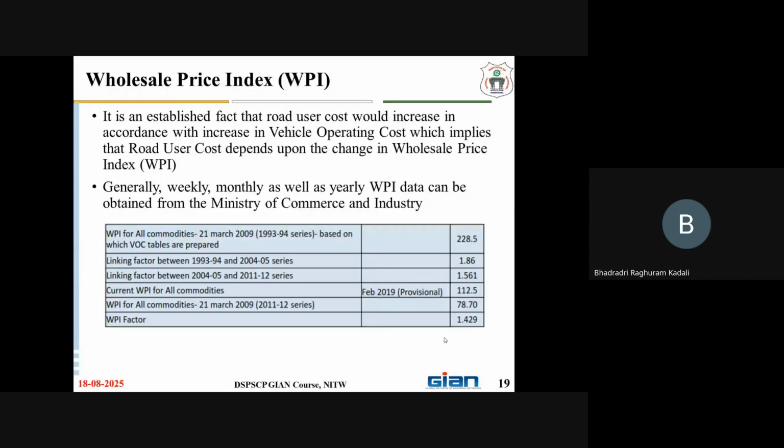Of course, out of all the goods, agricultural and manufacturing are the highest contributors, but put together, what is the total supply as well as demand in terms of vehicles transporting goods from one place to another, and how the vehicle operating cost will change, specifically when I'm talking about goods vehicles.